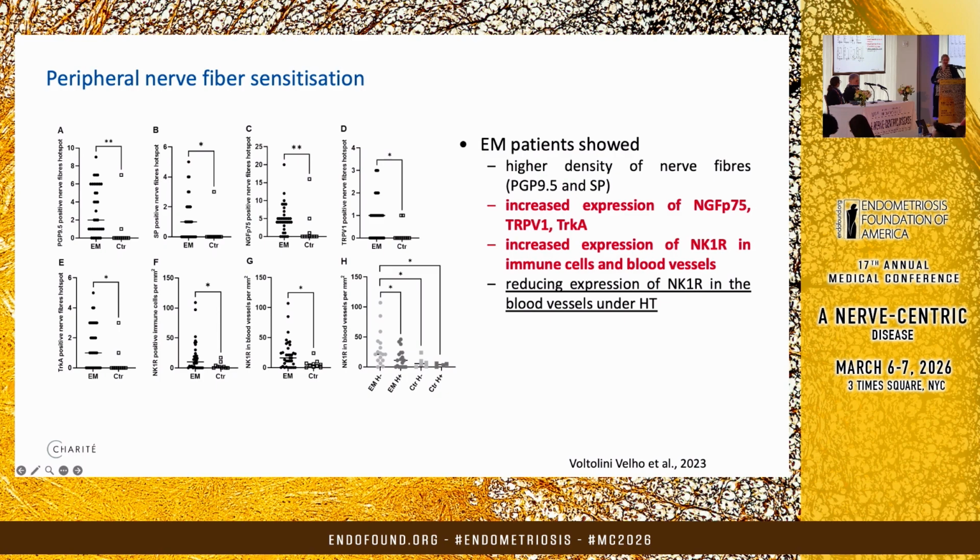But another point is that not only the number of nerve fibers is increased in this tissue, also the nociceptor expression is changed. So we looked for the nociceptor expression of NGF, P75, TRK, and also TRPV1, which is the main activator of silent C fibers, so silent pain fibers.